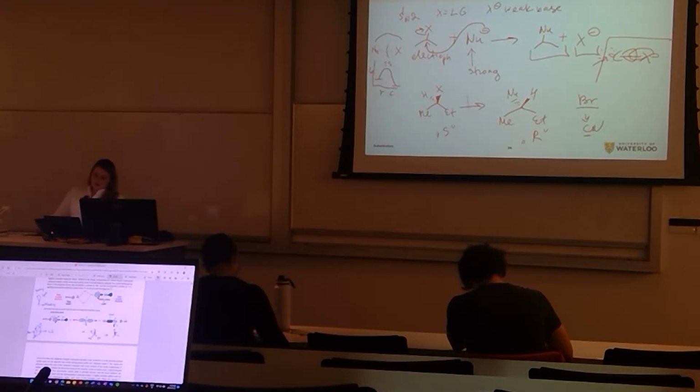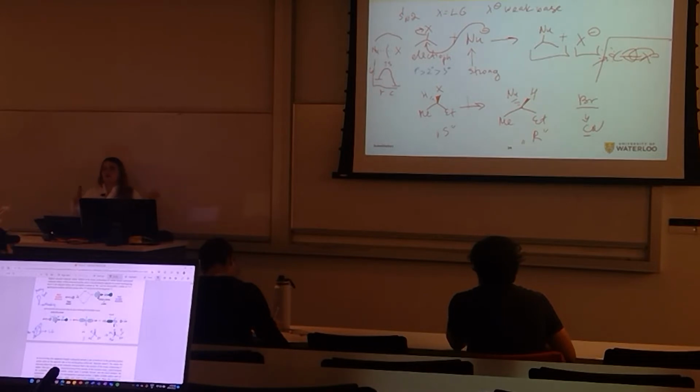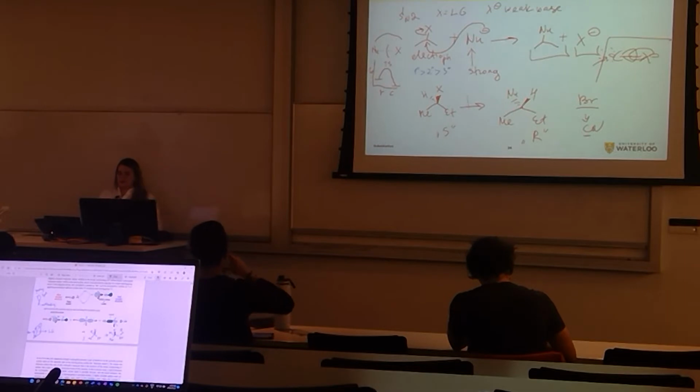So for the electrophile, primary would be better than secondary, which would be better than tertiary. But other than that, what else do we have? We have allylic, vinylic, benzylic, and aryl possibilities.